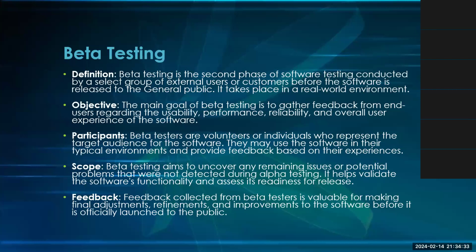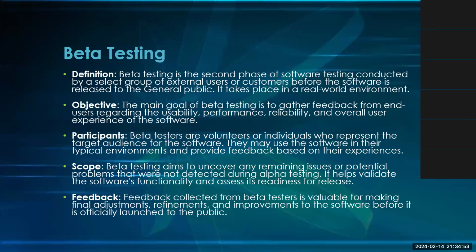For the scope, beta testing aims to cover any remaining issues or potential problems that were not detected during alpha testing. It helps validate the software functionality and assess its readiness for release.